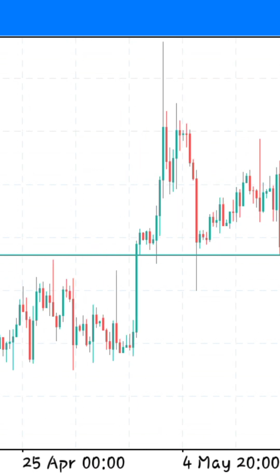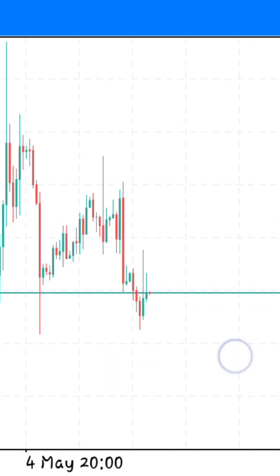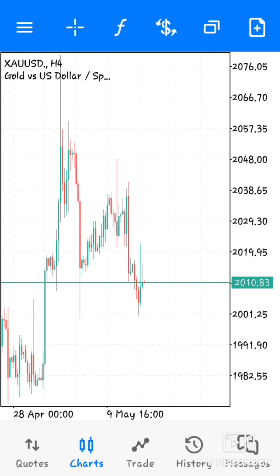Before you trade my shadow entry pattern, you need to know how to spot key levels, supply and demand. You need to be able to spot key support and resistance levels.